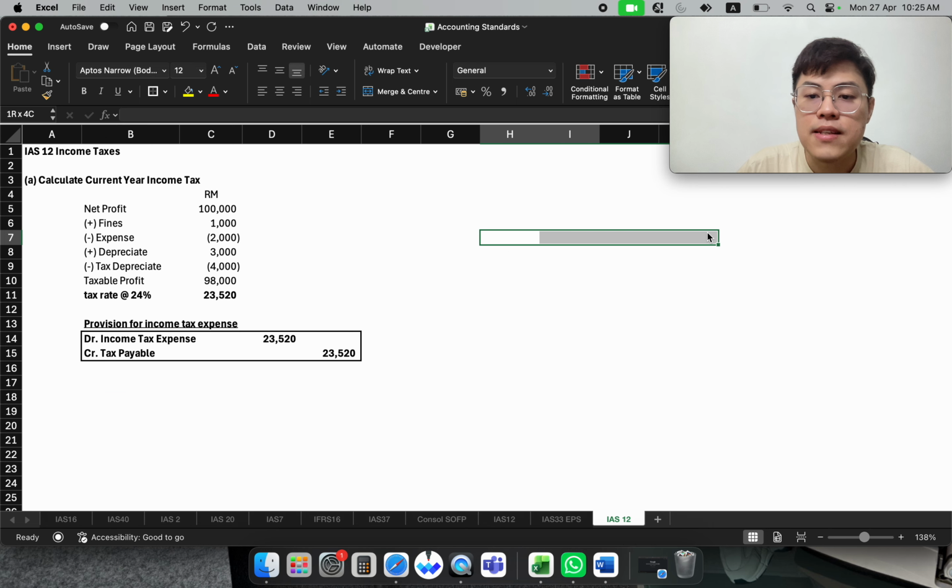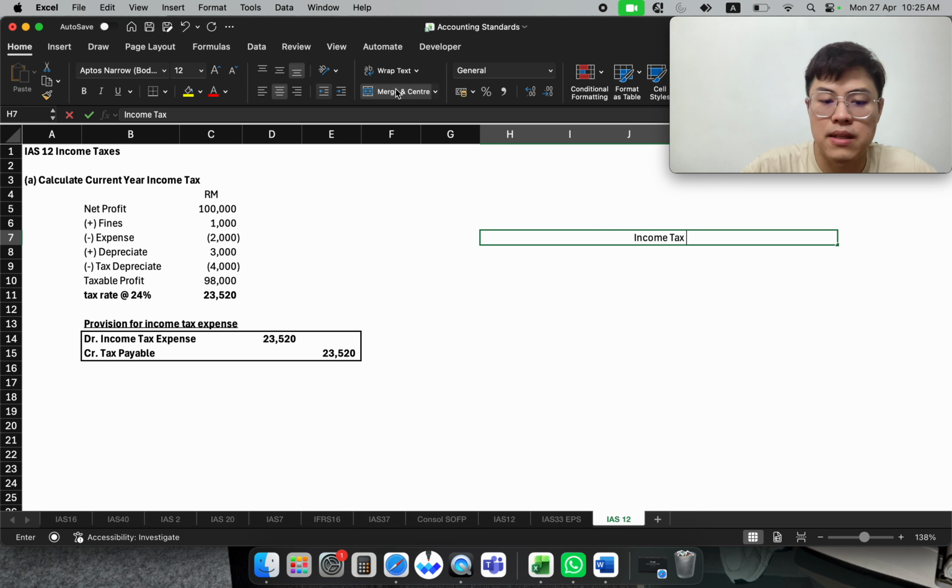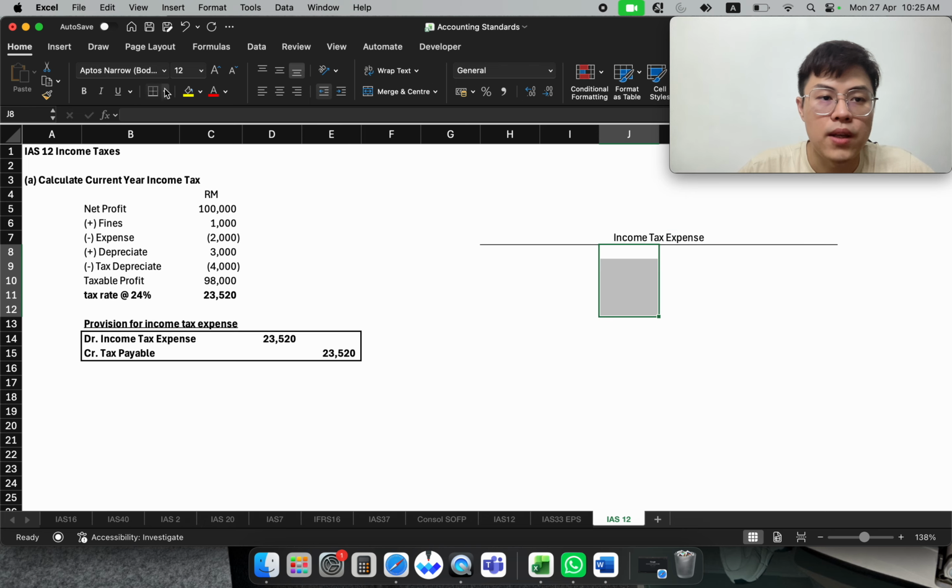If now you were to draw an income tax expense account, this is an income tax expense account, and you will need to debit here.